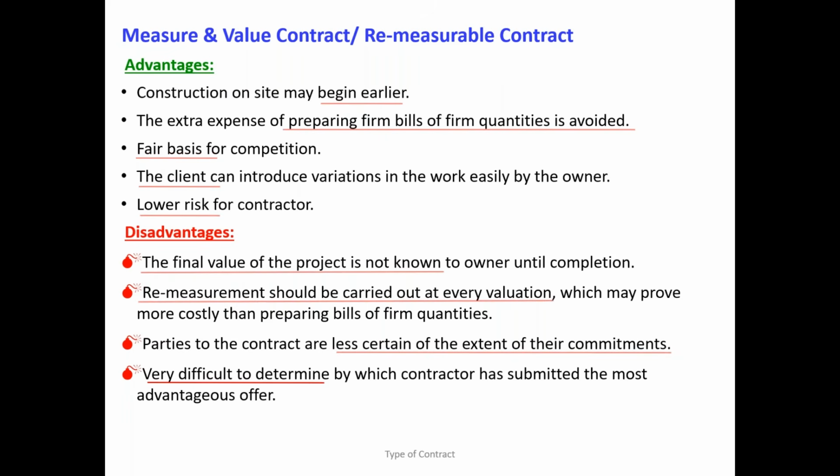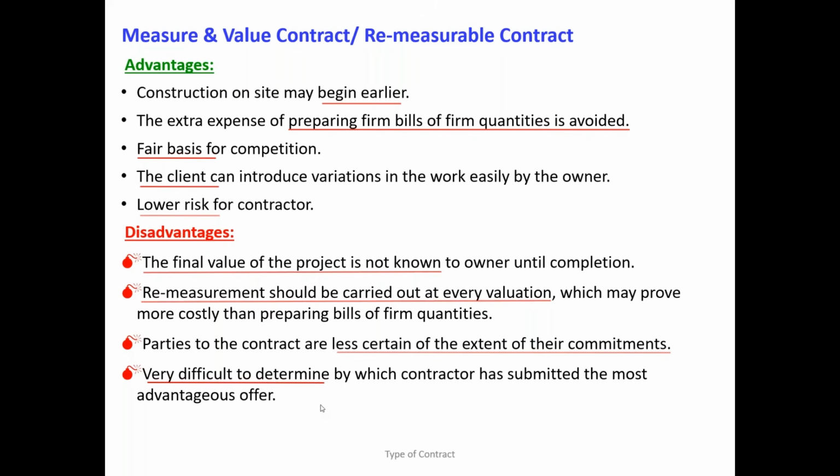And so when it comes to the tender evaluation, in the lump sum contract, we can come to a conclusion. Whoever submits the lowest bid, right, they are the competitive bidder. But when it comes to the measure and value contract, we are evaluating the rate only. The total amount indicated by the BOQ is not reliable. Why? The quantities are estimated quantities, not final quantities. It is just a dummy quantity, you can say.